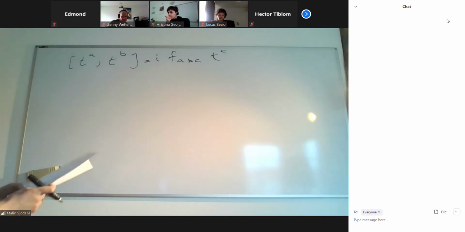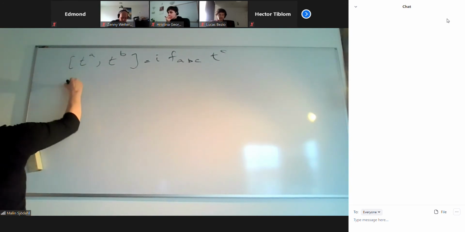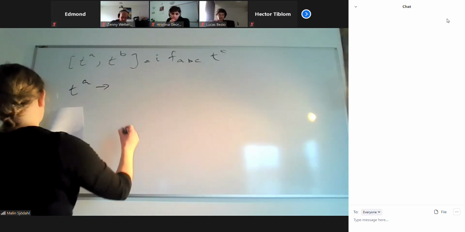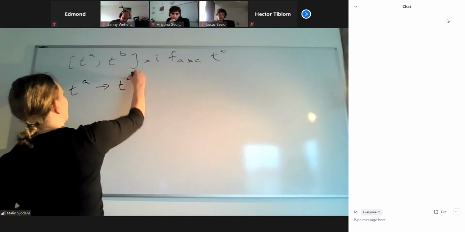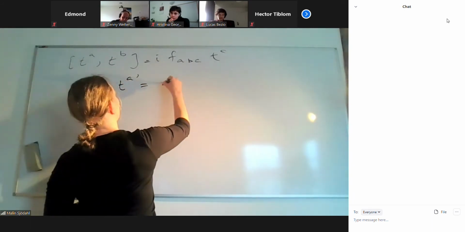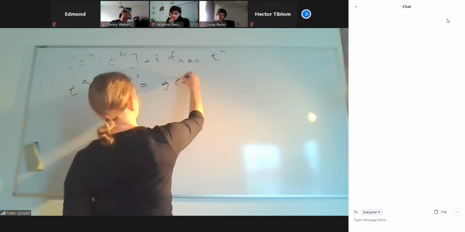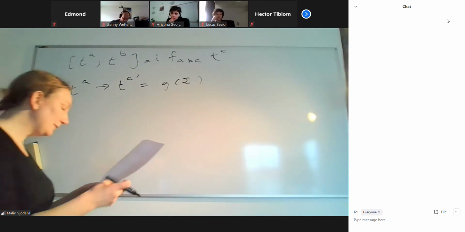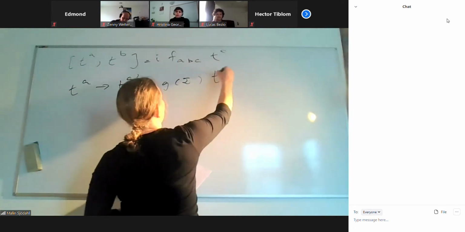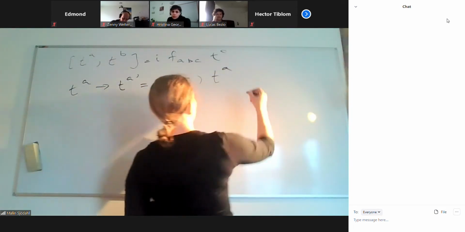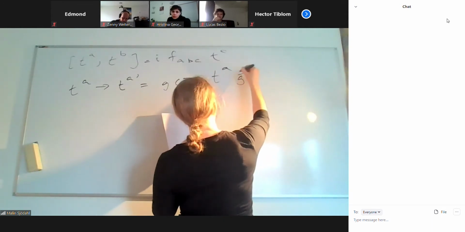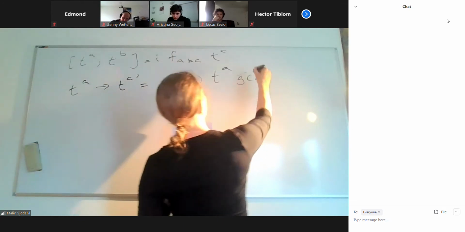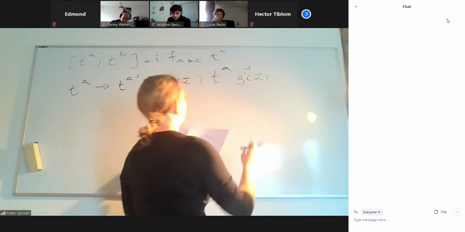And now the point is that we should prove that if we take the PA's and we rotate them, so that the PA goes to PA prime equal to E of alpha, but this alpha somehow parameterizes the group element, PA, E of alpha inverse.